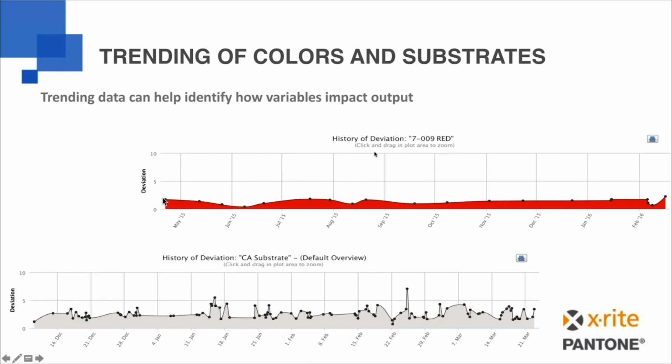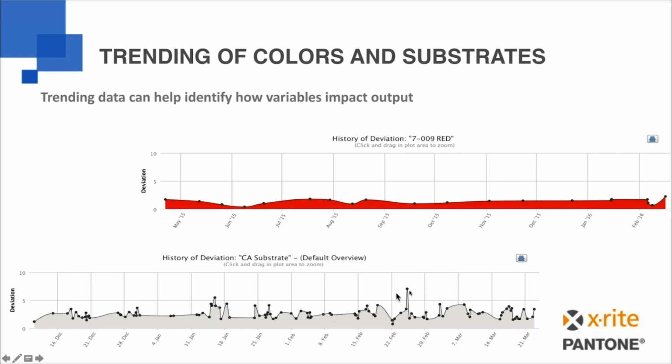You can drill down to look at a color. This particular spot color was run over time, and we can see how it performed over time. On each one of these dates, we could click on this node here and pull up the jobs that were running poorly or well on those days. We can also look at substrate. That's a critical thing that a lot of people are overlooking, but we can see that this substrate was pretty consistent over time, but we had a few times where it was failing.